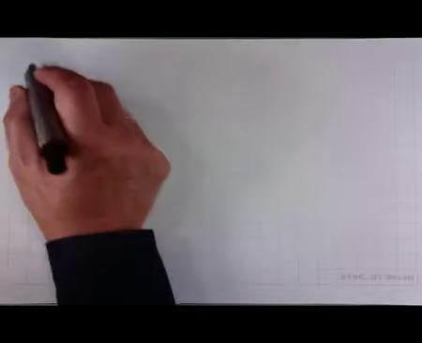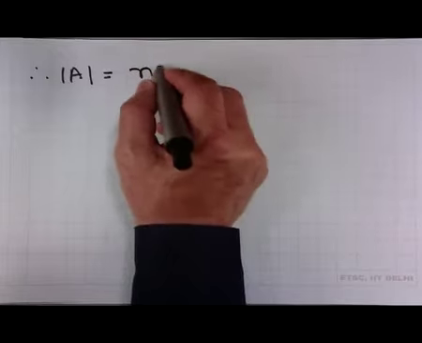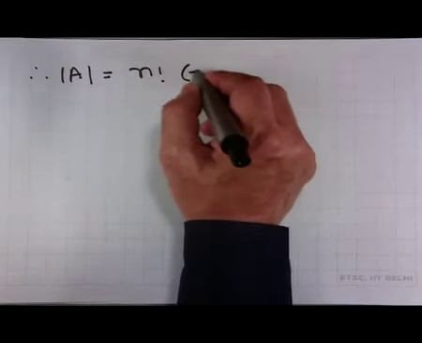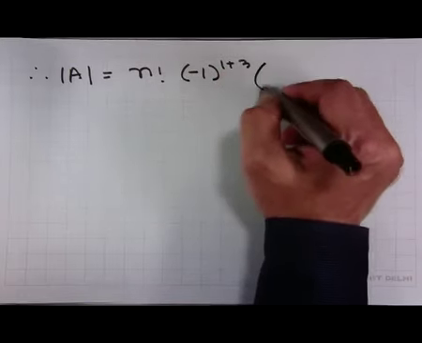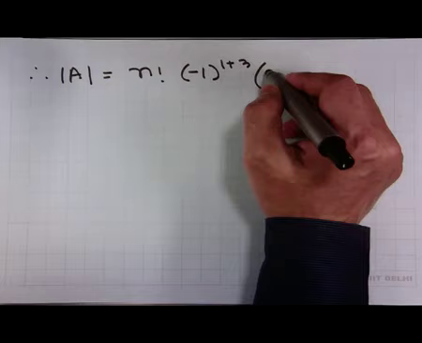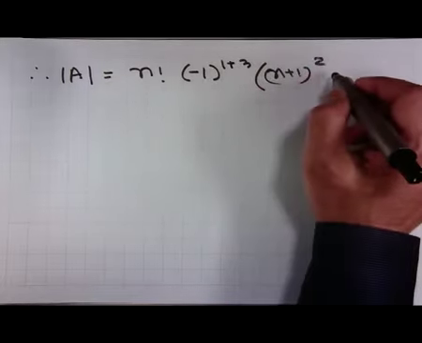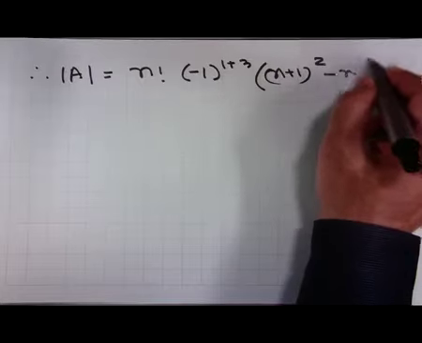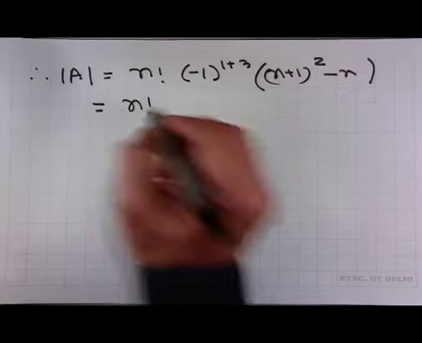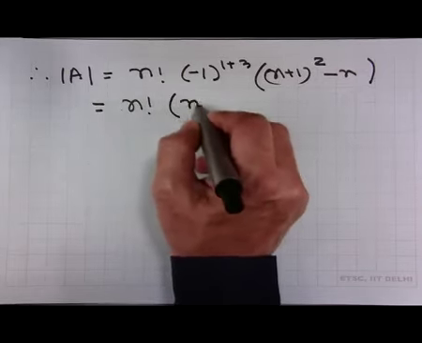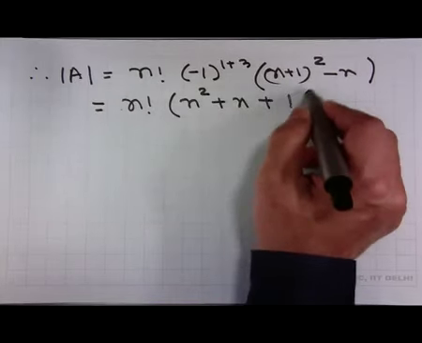Therefore, determinant of A is equal to n factorial into minus 1 to the power 1 plus 3 into n plus 1 whole square minus n, is equal to n factorial into n square plus n plus 1.